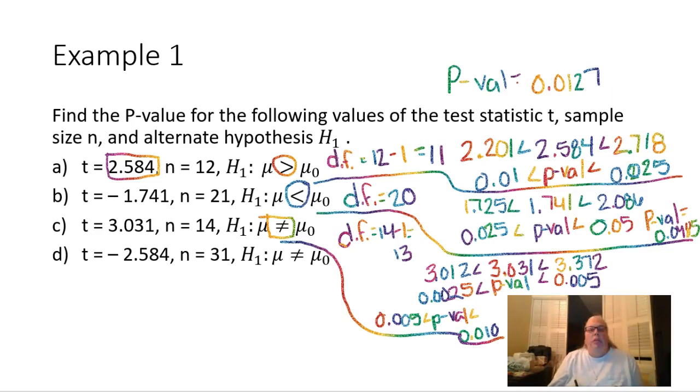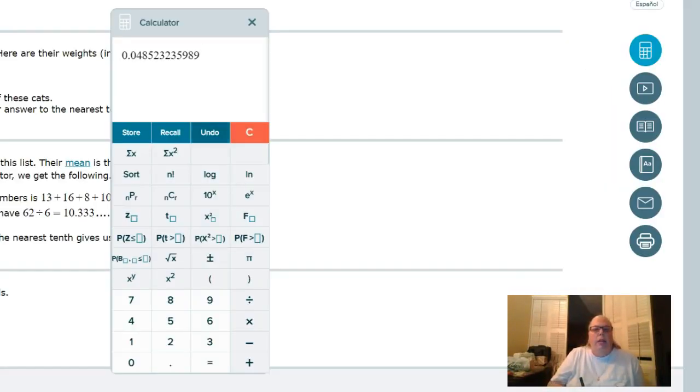All right, now let's pull up the ALEKS calculator and let's get the exact p-value for this. We got 3.031. Clear this one out. 3. And we said there were 13 degrees of freedom. And that gives us 0.0048.